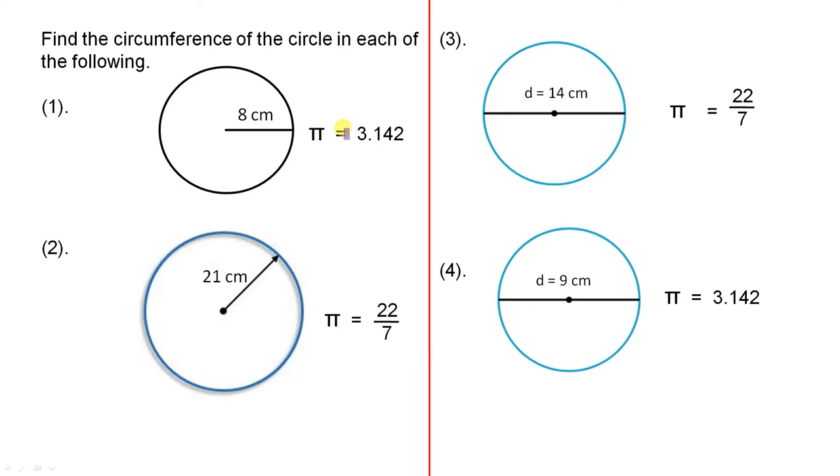So we can use the formula that was given in this particular instance, and the important formula was C equals 2 times pi times r. Okay, so that was one formula. 2 times pi times r. We've been given pi as 3.142. We know the radius is 8 centimeters.